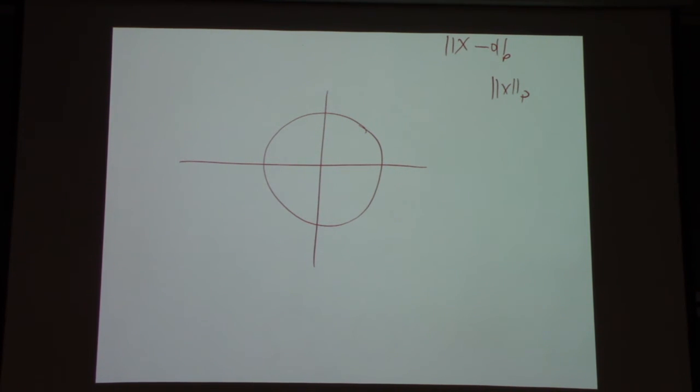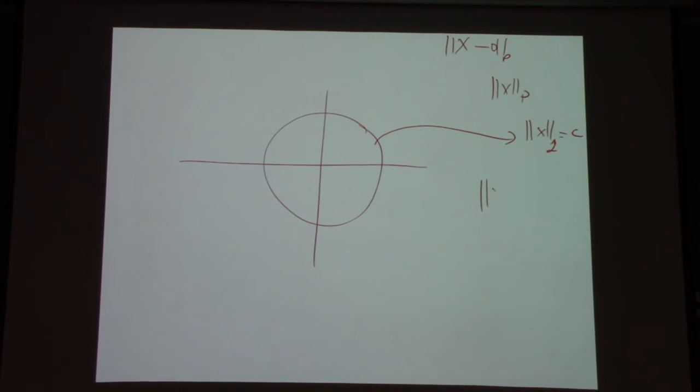What is the 1 norm ball? This is for the norm of x equals some constant. That's the curve. In 2 dimensions, it will be a rhombus. Yes, your intuition is correct.